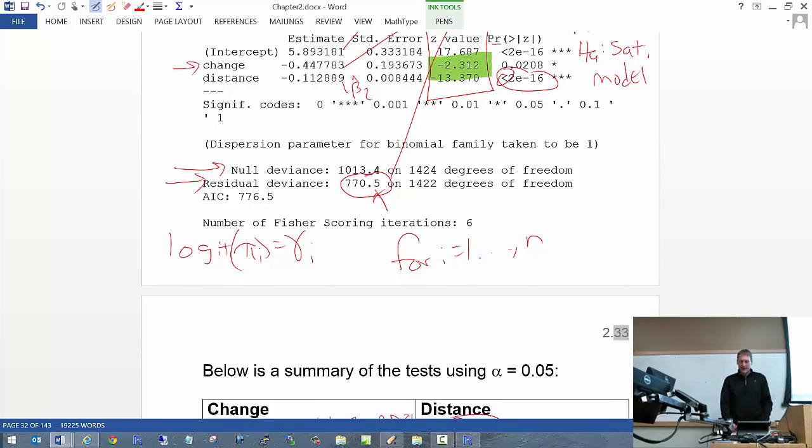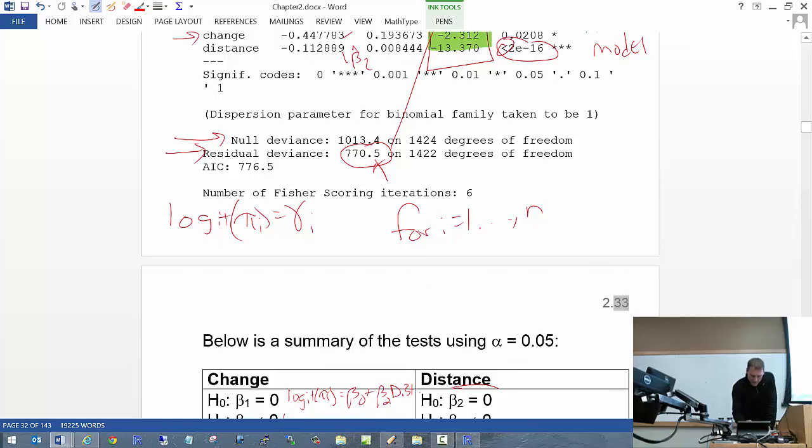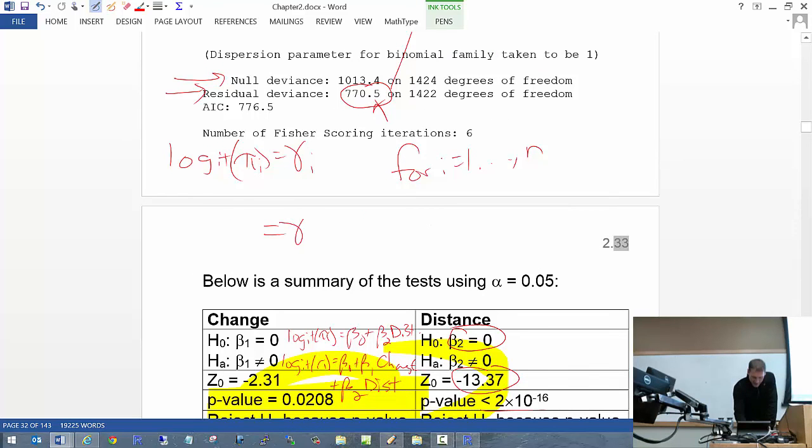I mean, you can even write it another way. If you don't like that, you can say gamma 1 times an indicator function with a 1 in it, meaning that if it's the first observation, this I is a 1. If it's not the first observation, it's a 0.